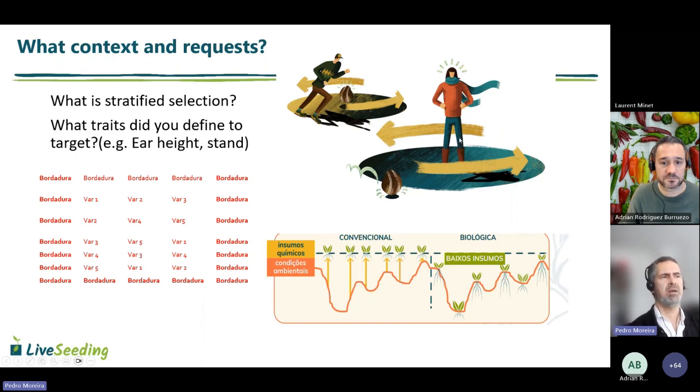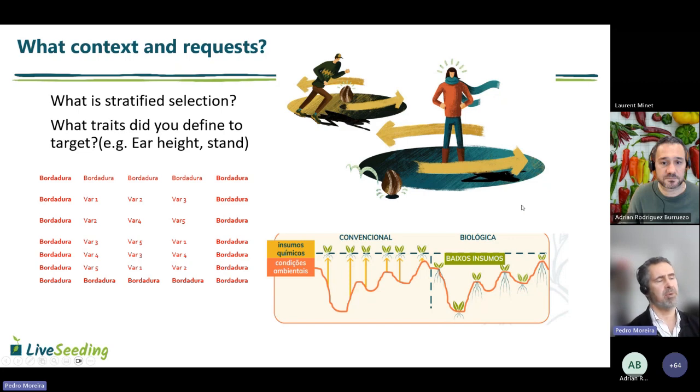In this case, the breeder or the seed is the center. They define what you are going to do. In organic, this is important, because you need to adapt for each place.